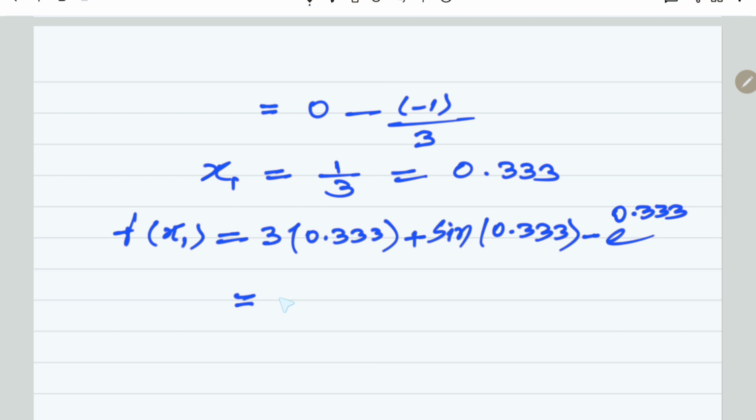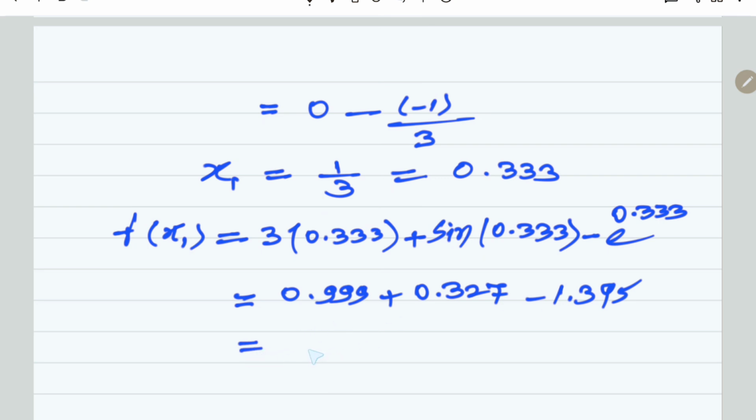Calculating it with the calculator, it is 0.999 plus sine of 0.333 is 0.327, and e raised to 0.333 is 1.395, and therefore the addition of all this is minus 0.069 as f of x1, which is not exactly equal to 0.